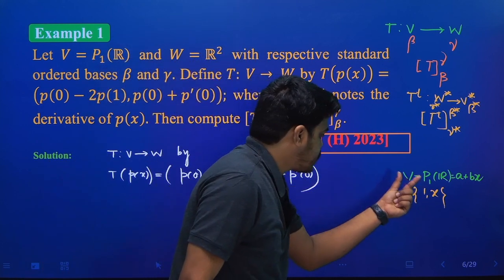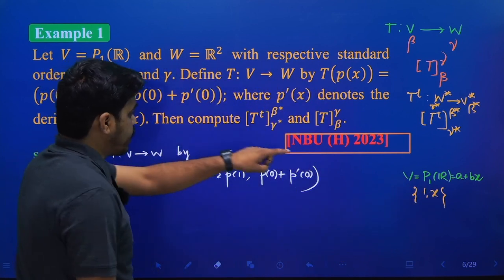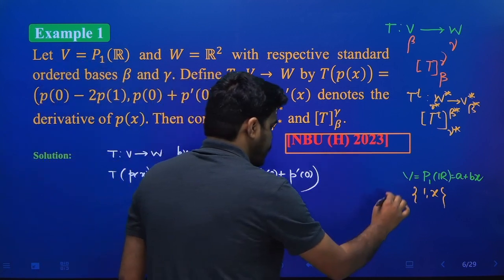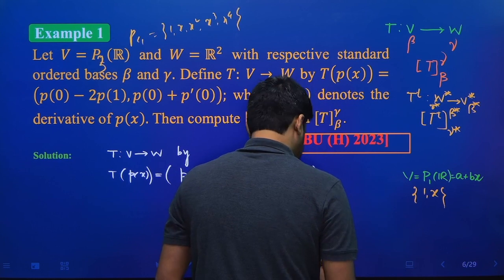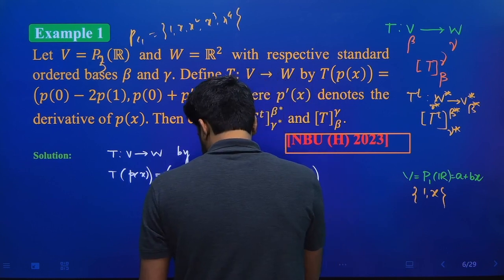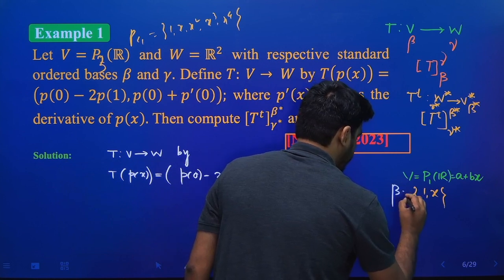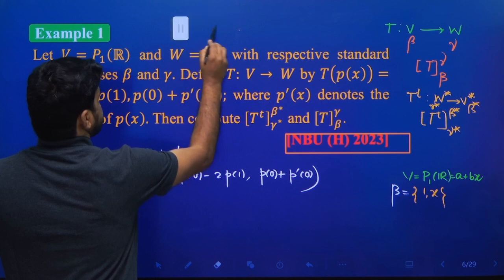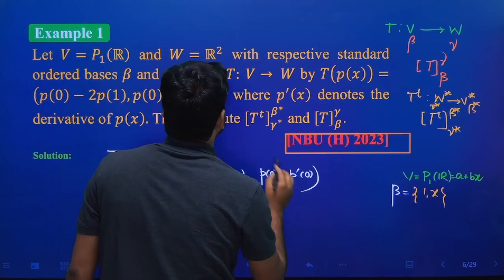Okay, so 1, x, that is the standard basis for the vector space V. So basically this is beta, right? Okay, what is the standard basis for R2?